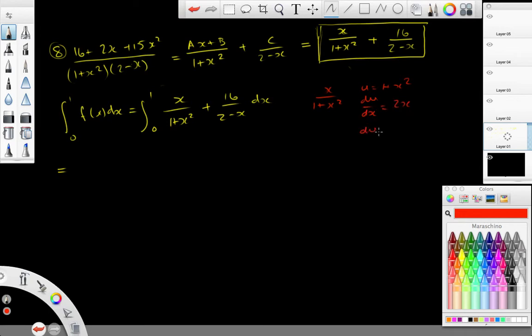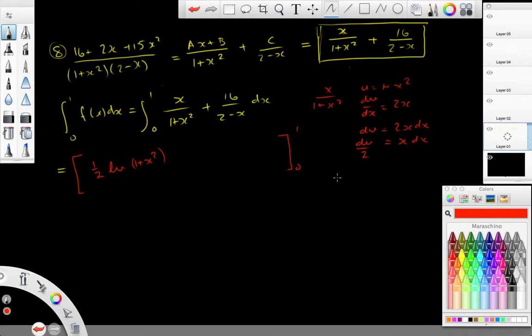So du would equal 2x dx. So therefore x dx must equal du over 2. Right? So this is going to equal, I can go straight away and write, this is going to be 1/2 of log of 1 plus x squared.